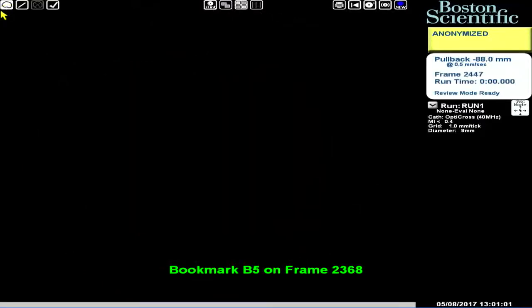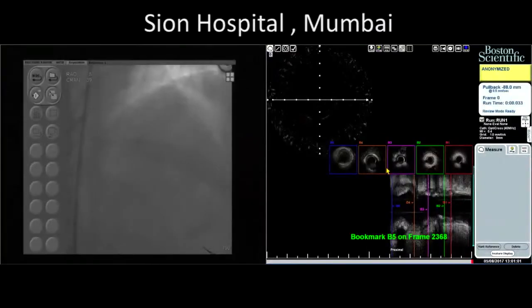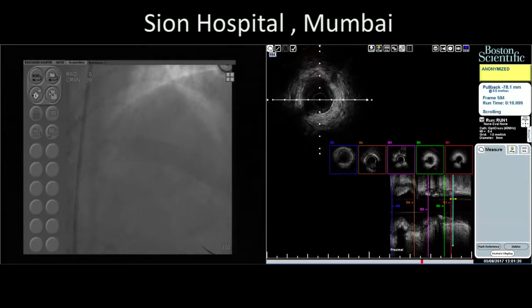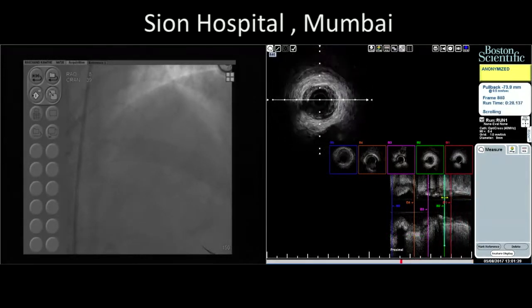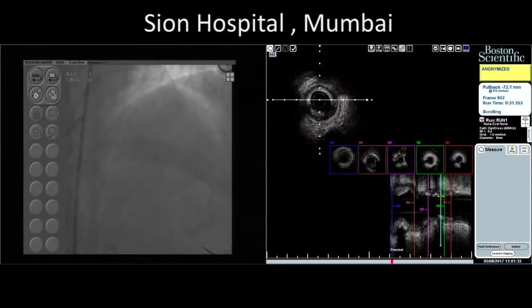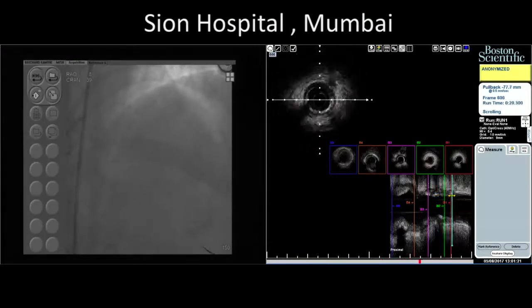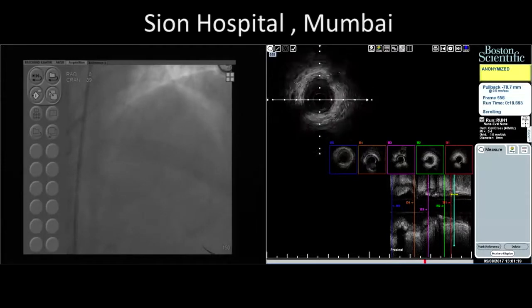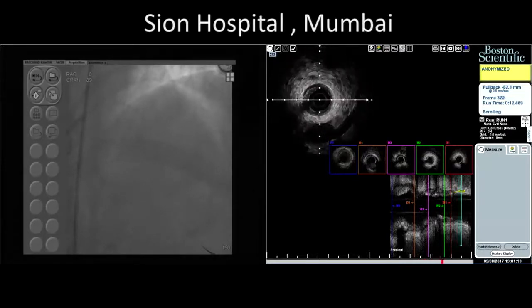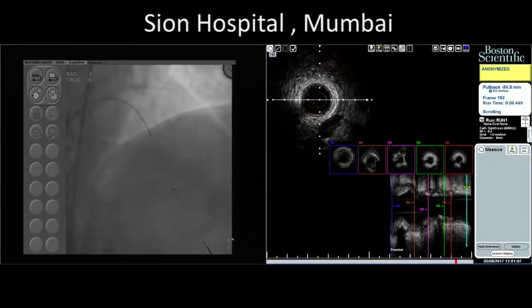Okay, let's get a 2.75. So it will require a differential dilatation. Let's consider 2.75 or 3.0. Knowing that the distal vessel looks like about 2.75, we take a 2.75 and then we dilate proximally to 3.25.